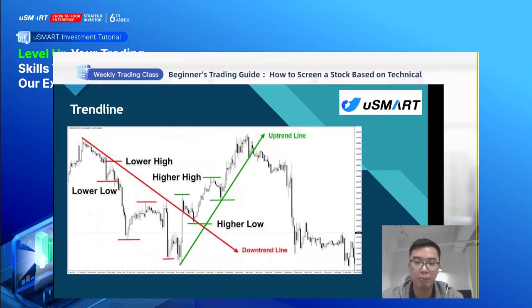So we cannot plot this uptrend in 15-minute charts or 1-hour charts. 1 hour maybe can, but less than 1 hour is not recommended because there is a lot of noise. The market can go up, and then suddenly go down and go up. So we try to plot the trend line in the higher time frame charts, like the day chart and week chart.